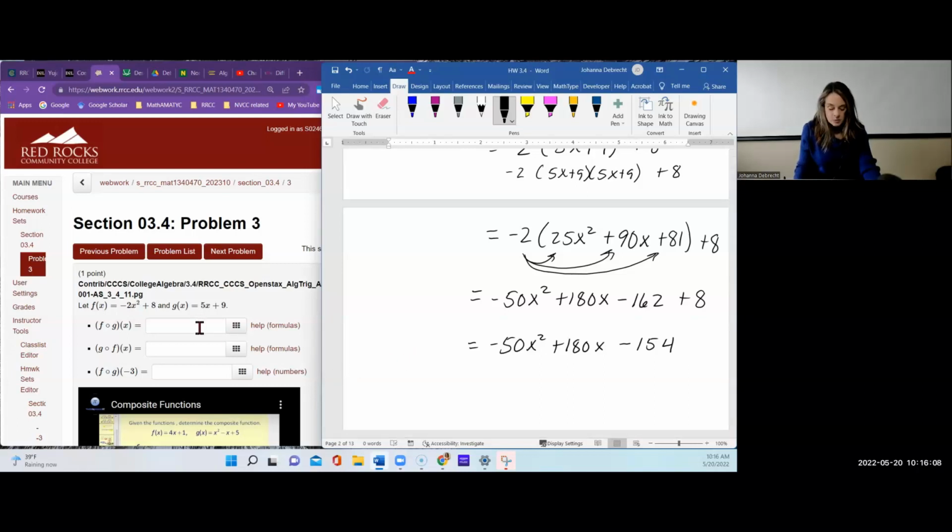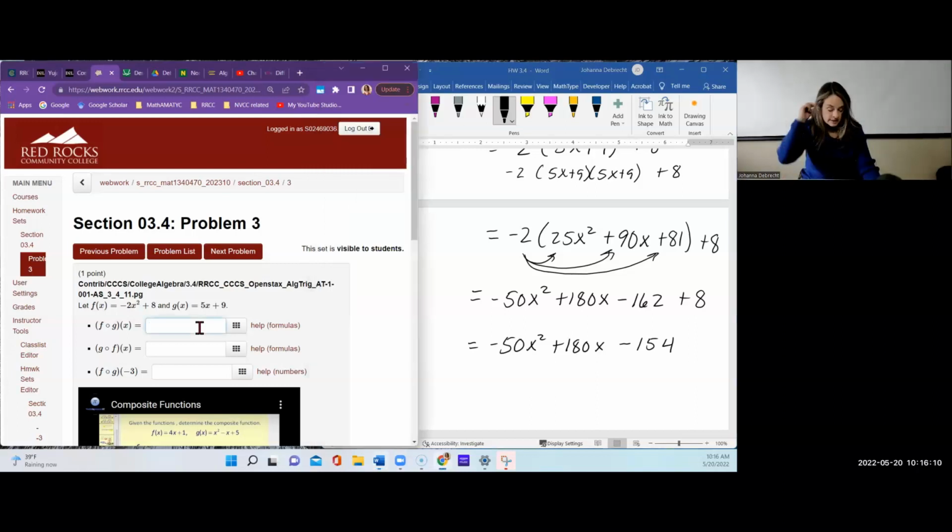And what is it? Well, it's a quadratic equation. So it's a parabola. And in this case, it opens down because the leading coefficient is -50 and it's negative. Now, when we're looking at this, if we want to know what the domain of it is, we think about the domain of the inside function g.